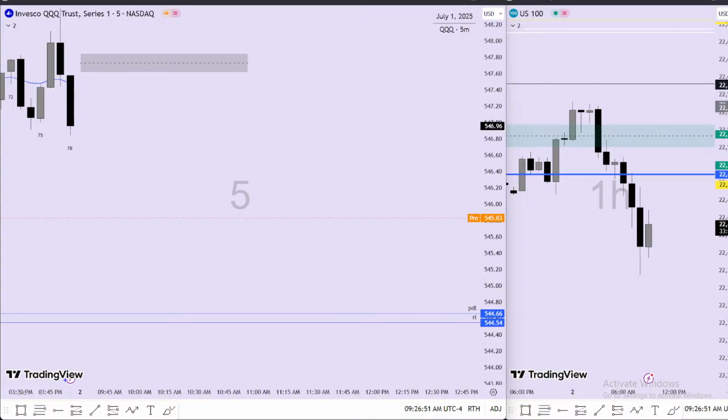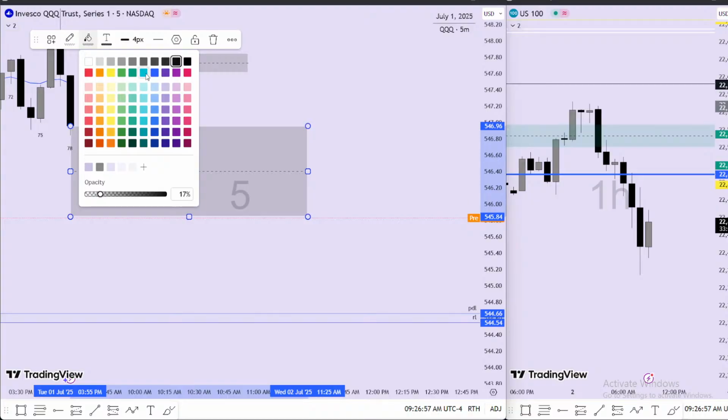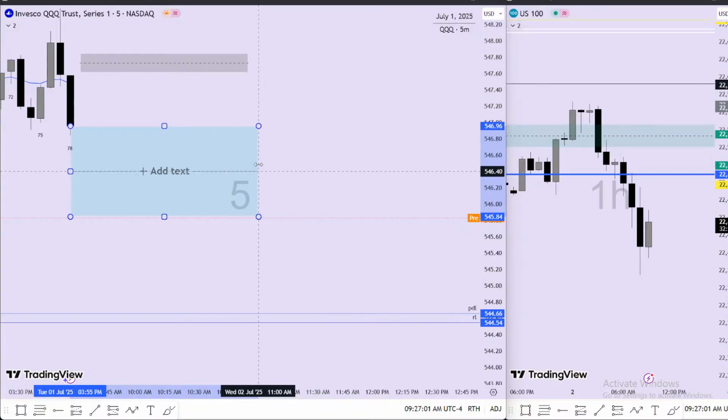Okay, gapping down from yesterday's close. I'm gonna mark the gap with this color, drag it to 11 o'clock.